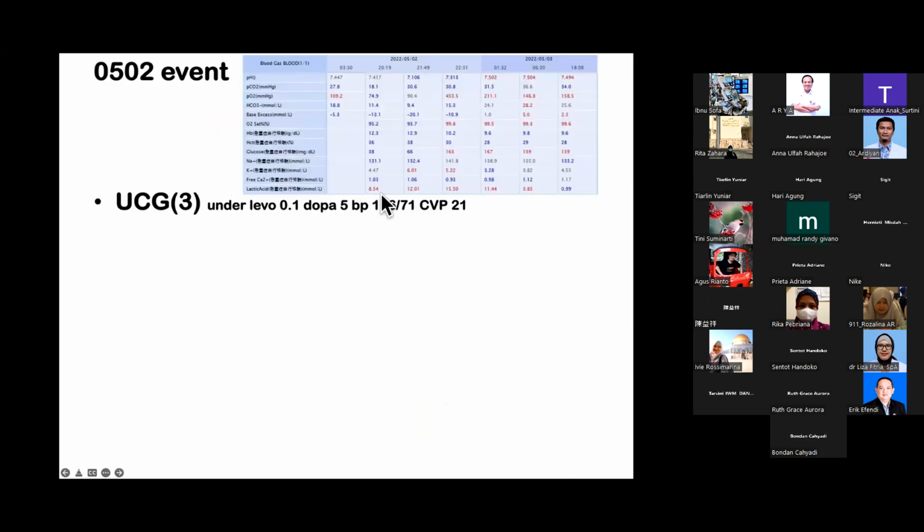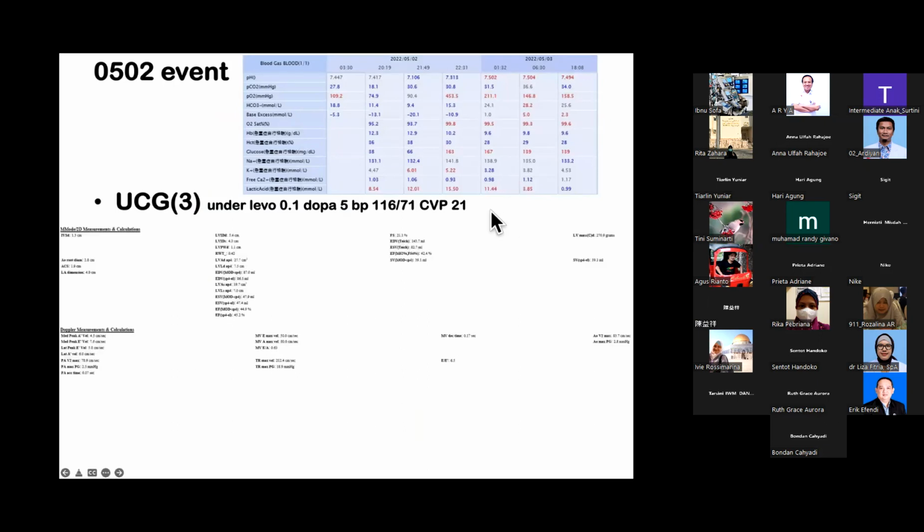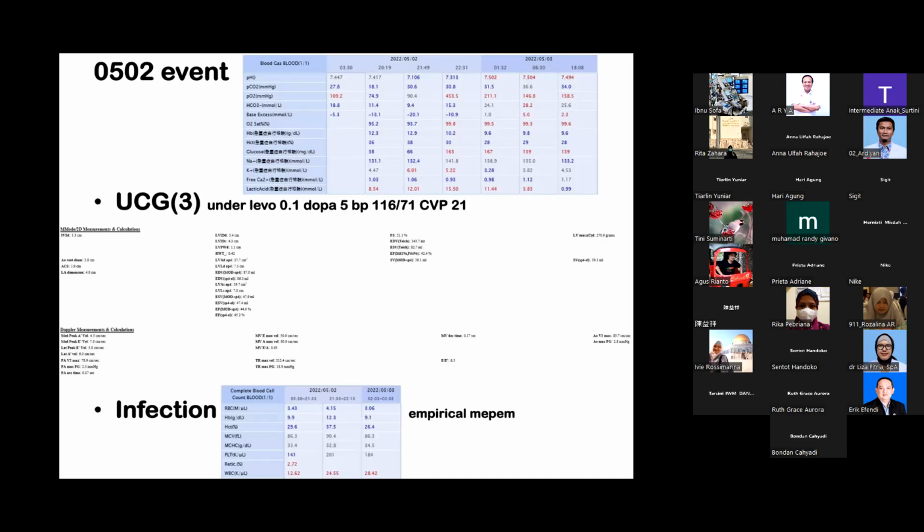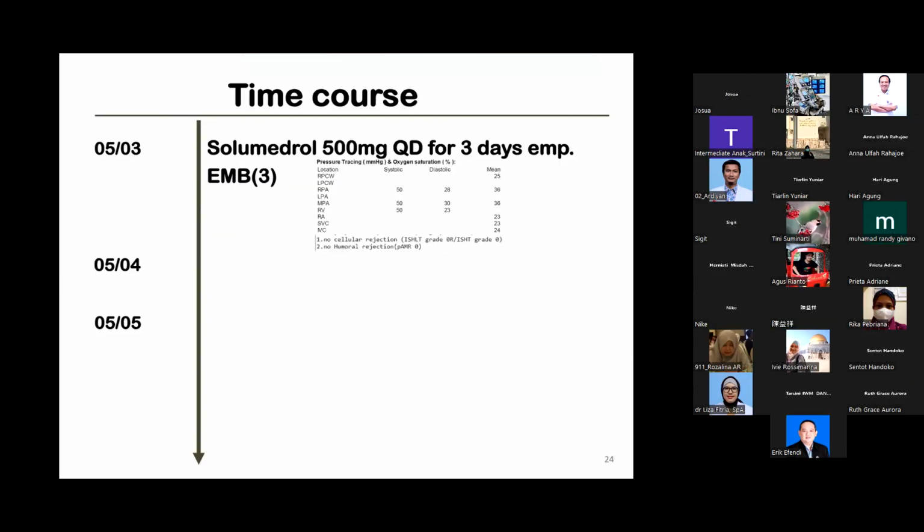Okay, and he developed some sepsis after extubation, under norepinephrine and some dopamine. But the ejection fraction still dropped to 40, and we tried to figure out what was wrong, and it may be the infection.